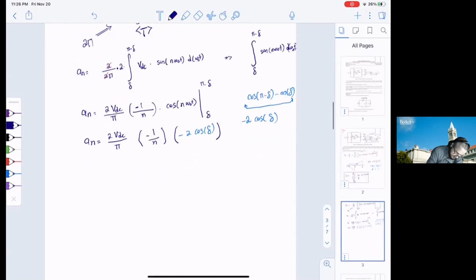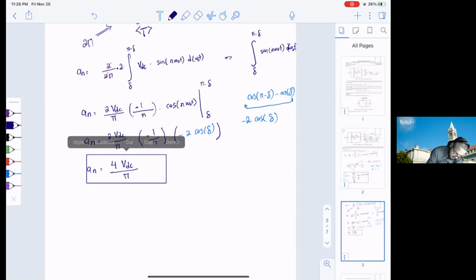Okay, so then a of n is going to be equal to 4 VDC divided by pi, and give some room right here so I can write cosine of delta. Yeah, forgot n, and it comes right there.